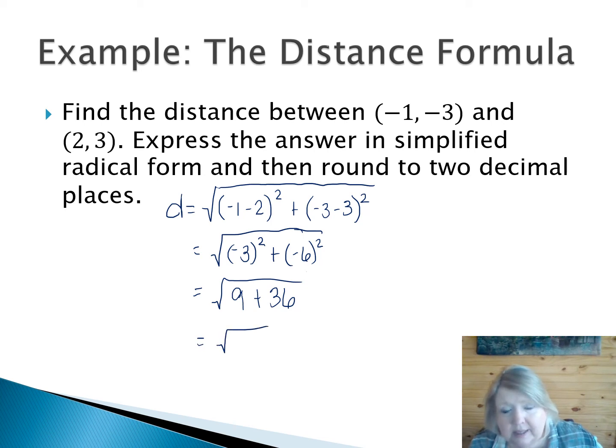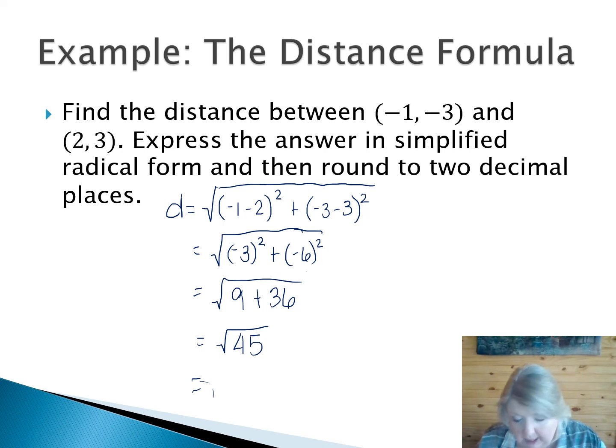Now, this gives me the square root of 45, and I know I stated the directions one way, but I also want to go over another way. If this is a practical application, you cannot measure a square root of 45. So I would want to take the square root of 45 and round it to a couple of decimal places.